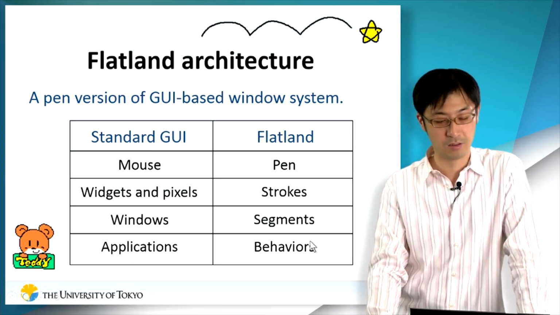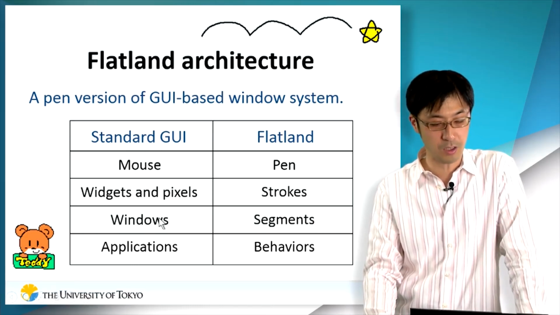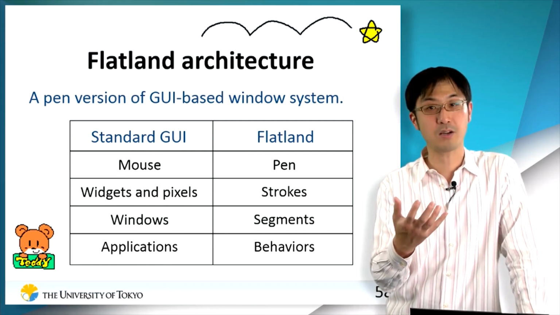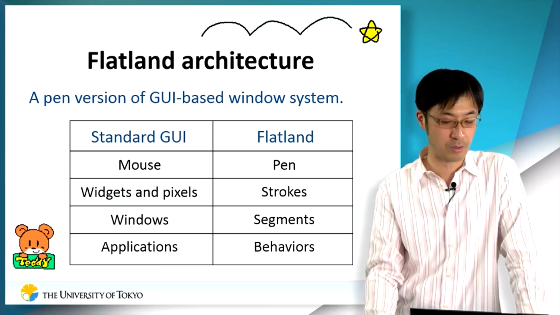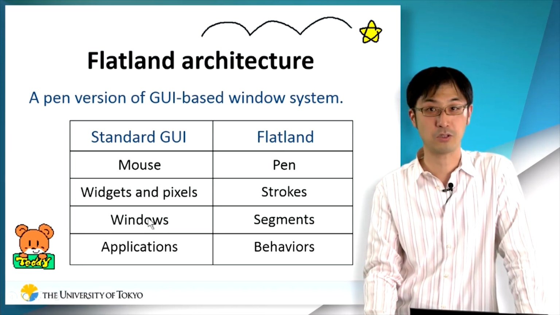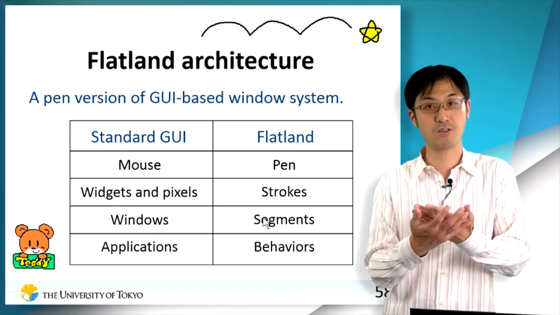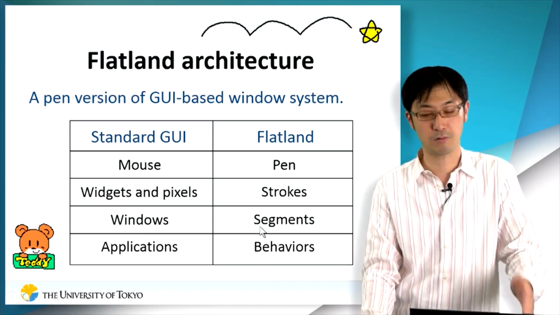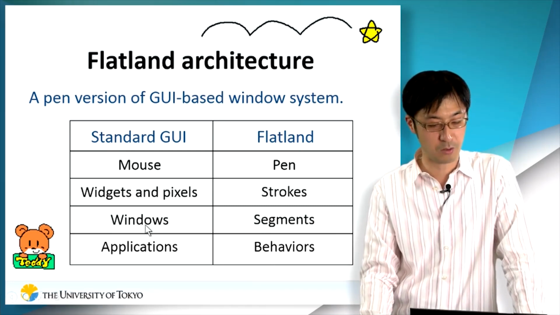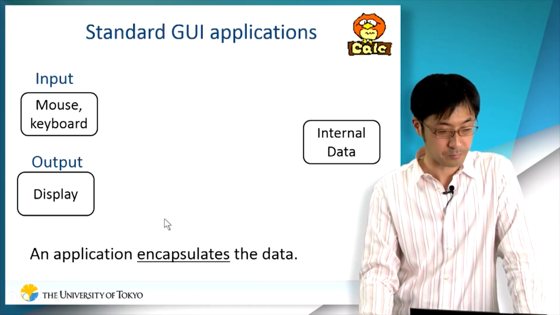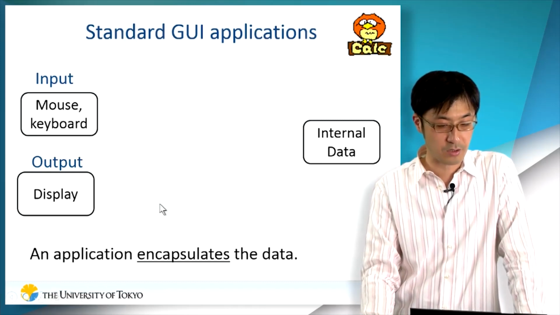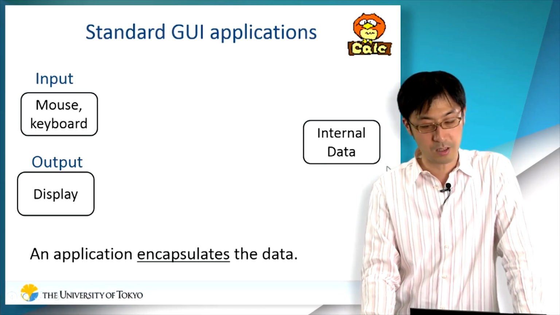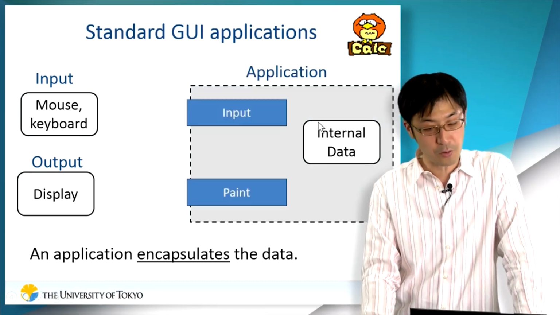And the important thing here is that in a GUI, windows and applications are very persistent objects, and an application is tightly connected to windows. But here, segments can be merged or split, and also behaviors can be flexibly attached or removed, compared to the windows and applications. And here is the structure. In the standard graphical user interface window system, data is handled by the application.